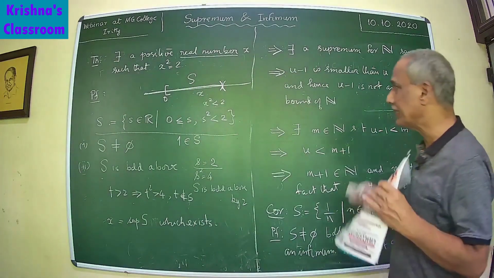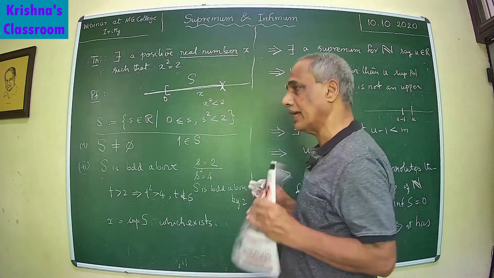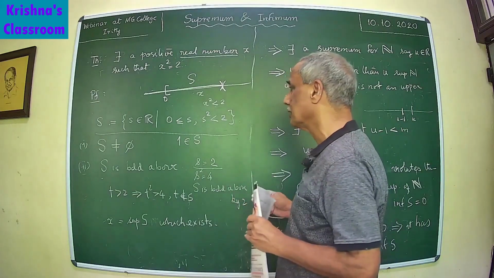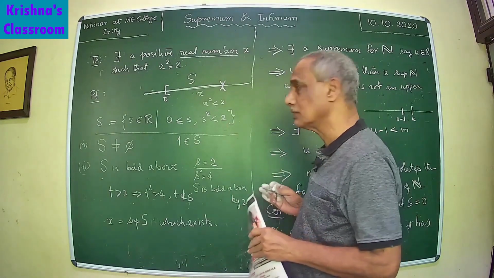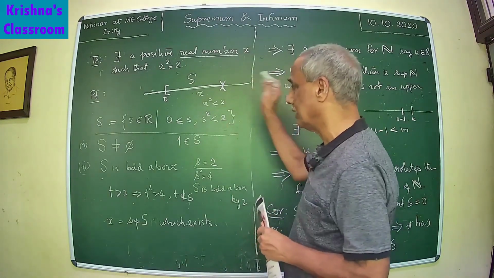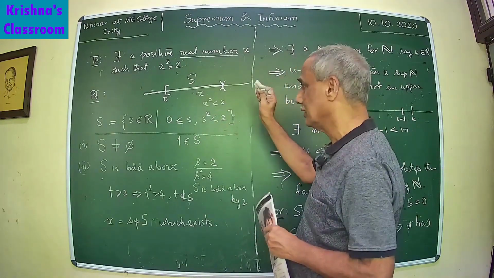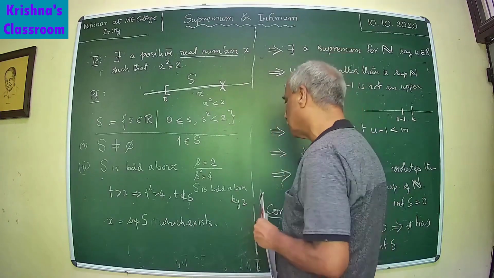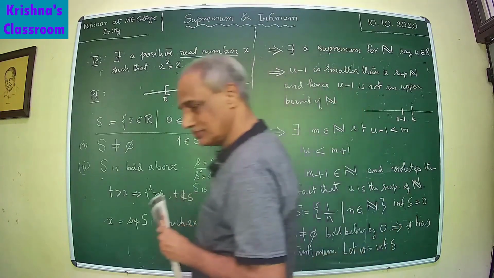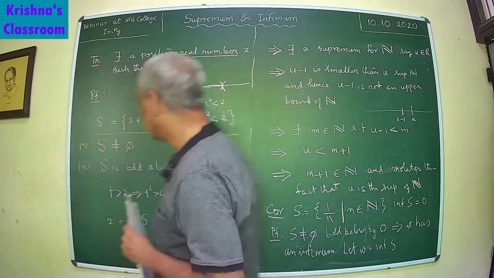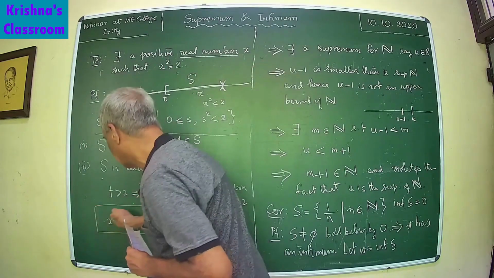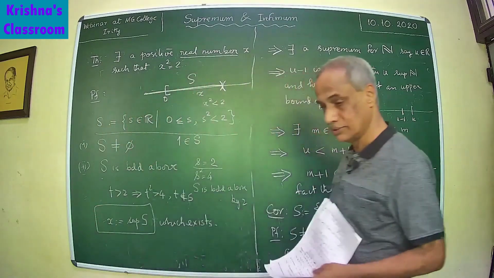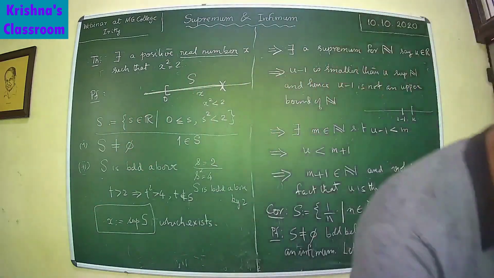What we are expecting is that this particular x is going to be the number whose square is equal to 2. All that we have said is we have defined it as the supremum of this set. This is the definition. We do not know what it is.